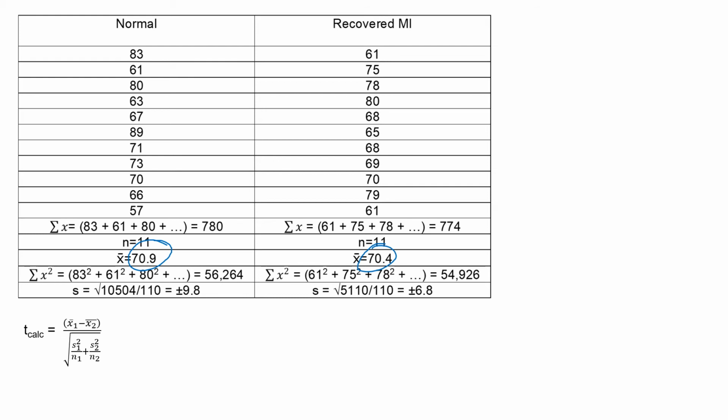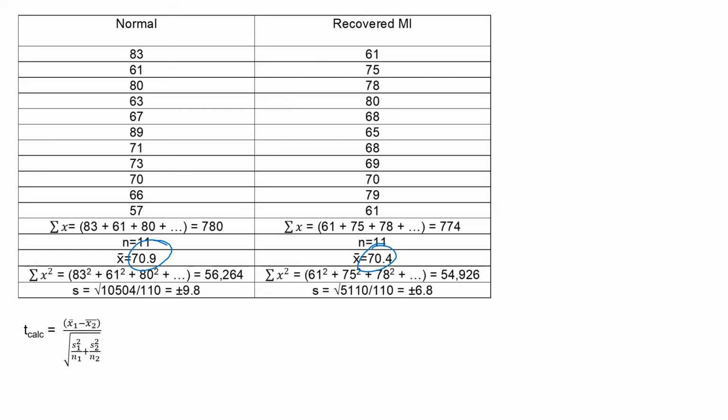We want to figure out whether that slight difference is really significant, or whether it's just a normal variation and probably due to chance. To figure that out, we calculate what's known as the t-test.